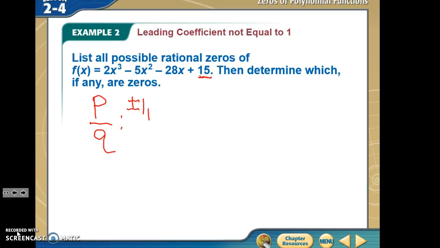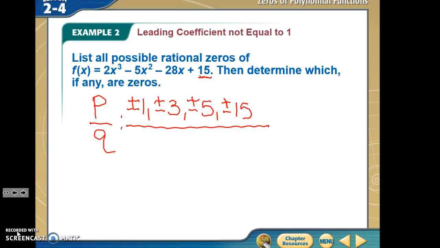What are all of the possible factors of 15? I heard 3 and 5 and 15. All right, are there any other numbers that when we multiply them together we get 15? No. Now let's look at our denominator.